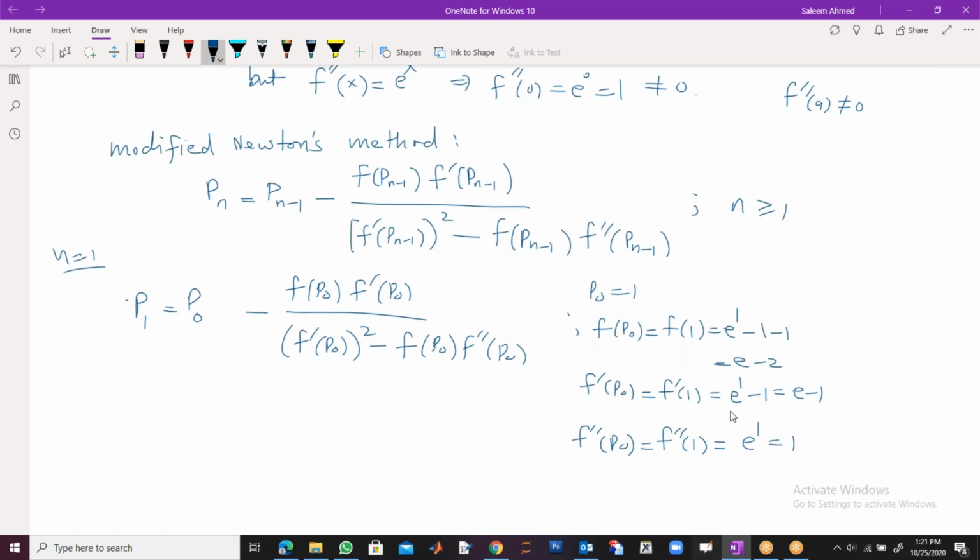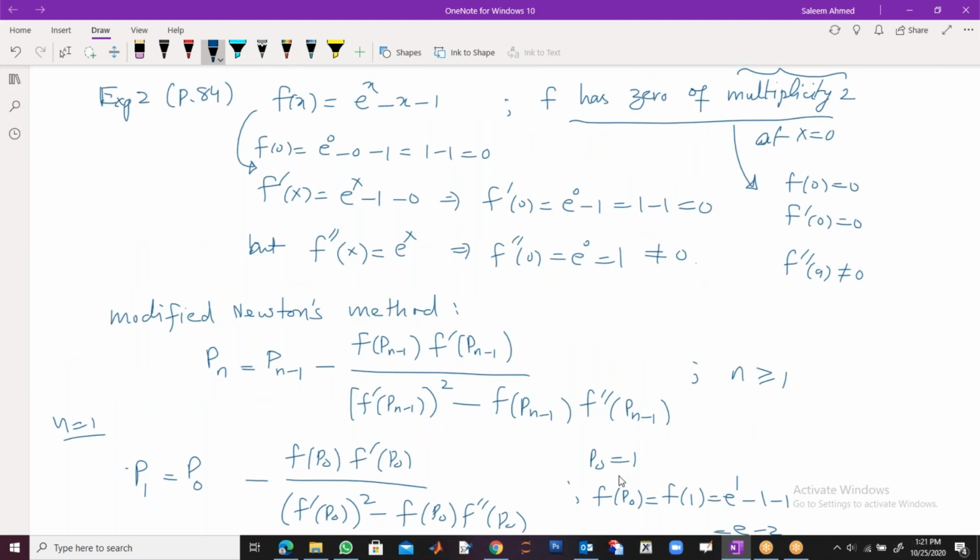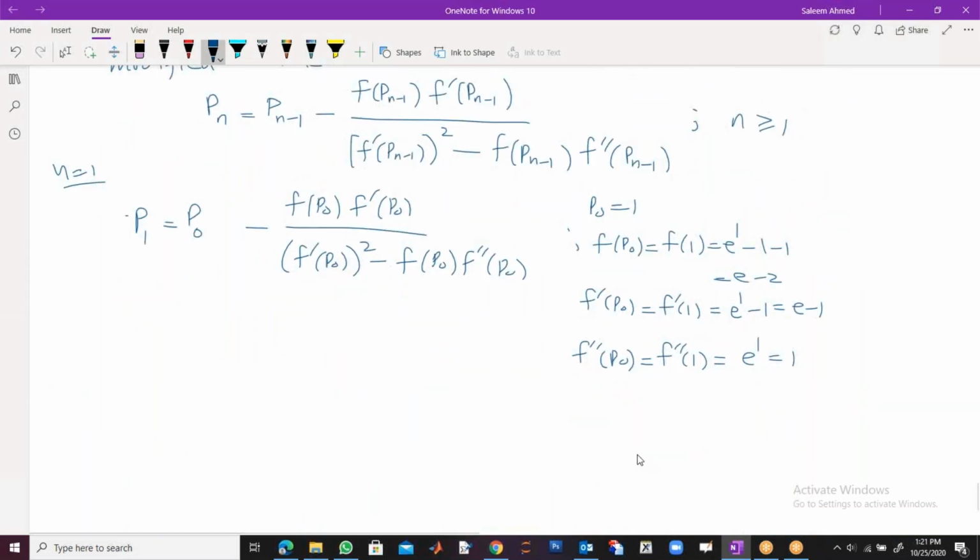I have all these three derivatives above, so I am putting them here. F of 1 is e to the power 1 minus 1 minus 1, so it becomes e minus 2. F prime at 1 is e to the power 1 minus 1, so e minus 1. F double prime at 1 is e to the power 1, which is e. So now I can put all these values here.